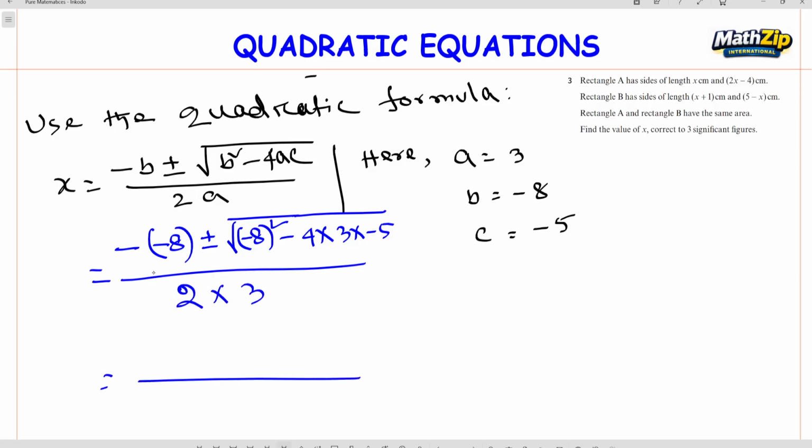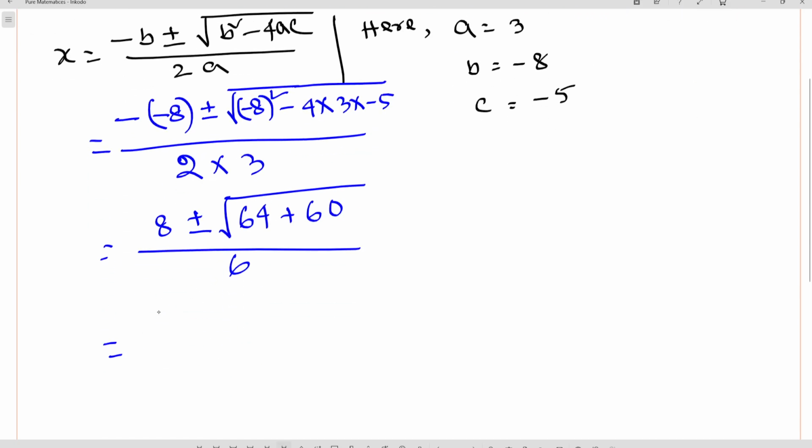So finally minus and minus will be plus, plus minus root over 8 squared is 64, minus and minus will be plus, 5 times 4 is 20, 20 times 3 is 60, right? And here is 6, and finally this is 8 plus minus root over 64 plus 60, it's 124, over 6.